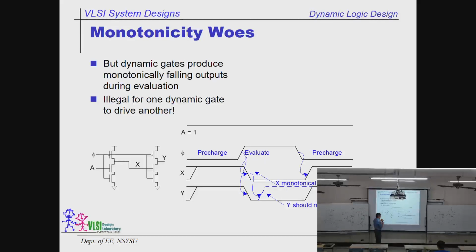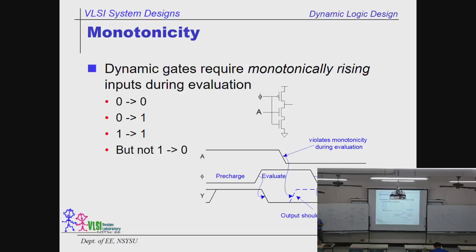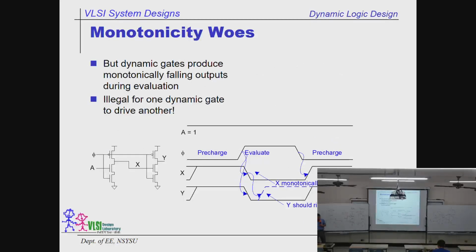Then based on the observation in our previous slides, for this case, the input drops from 1 to 0, so the Y here cannot be pulled high. It's impossible, because this one is denied. So because we have a scenario of 1 to 0 at the input, it will cause the failure of the second stage. So the Y should rise, but it cannot.